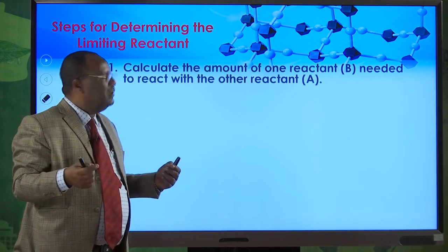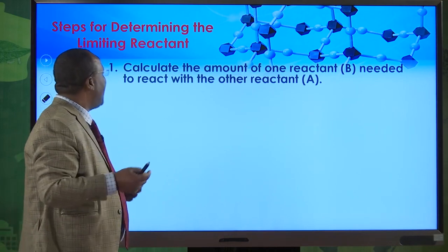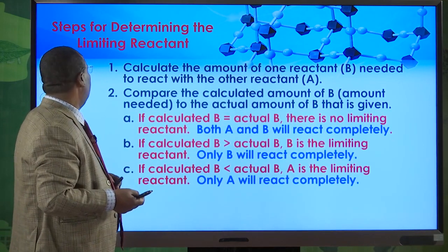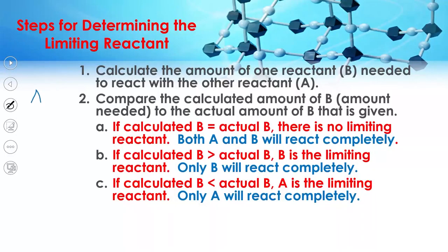What are the steps to calculate the amount of reactant needed to react with the other reactant? Steps for determination of the limiting reactant. Let's say you have A plus B, 2 reactants, that will give you some product. Calculate the amount of the reactant B needed to react with the other reactant A. How can you determine the limiting reactant?